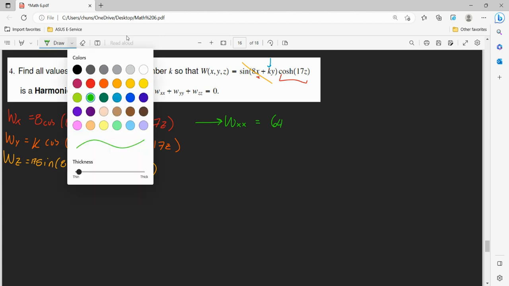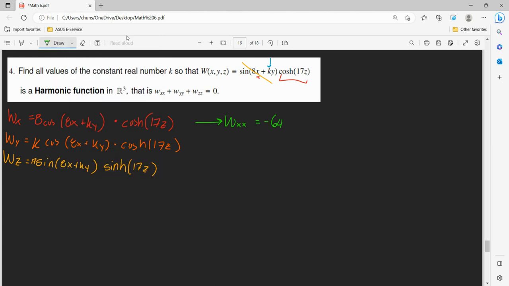Okay, so that means this is negative 64 sine 8x plus ky, because we took that 8 out again, right? We're turning our cos back into our sine and adding our negative. And this is going to be the same thing because we have no x terms in it. Okay.